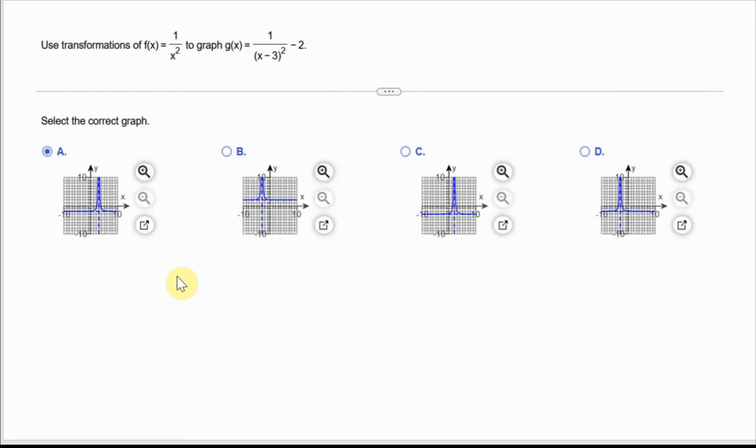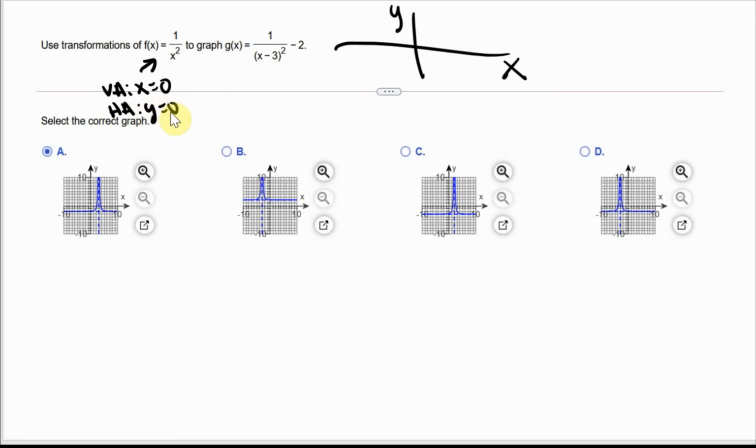Use transformations to graph g of x. So for this graph for f, which is 1 over x squared, this guy here has vertical asymptote x equal to 0 and horizontal asymptote y equal to 0.